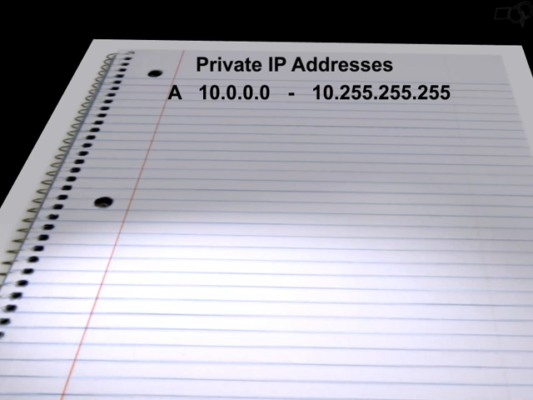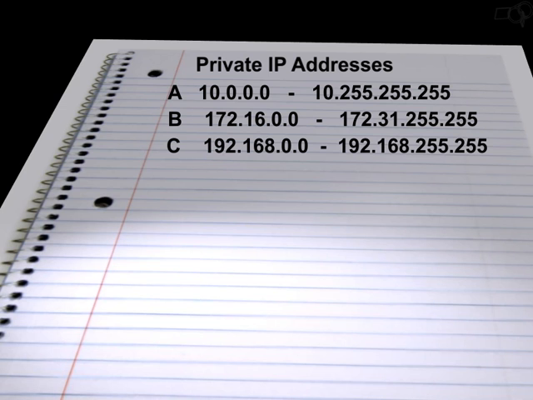In Class B, we have 172.16.0.0 through 172.31.255.255. Class C private addresses are 192.168.0.0 through 192.168.255.255.